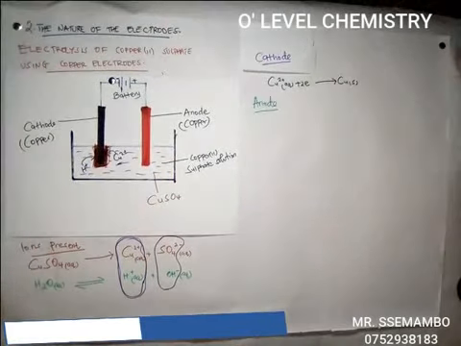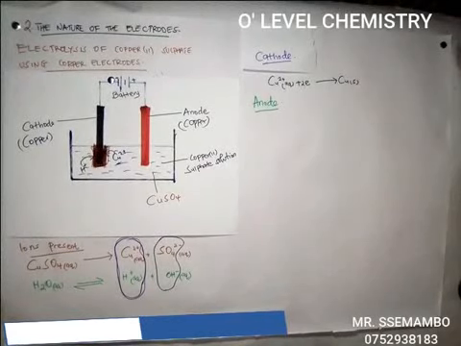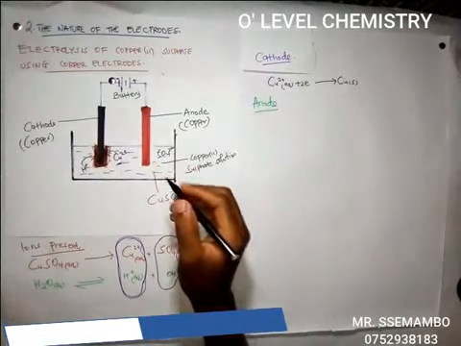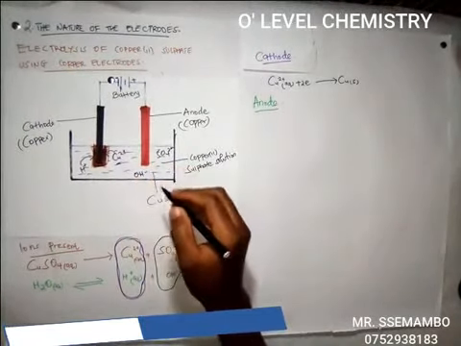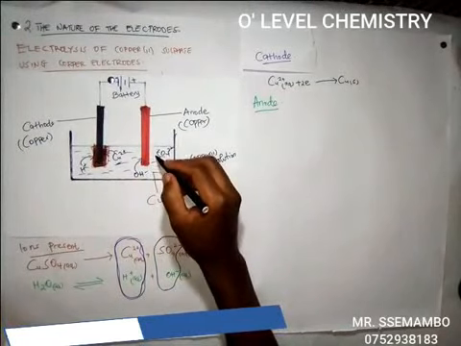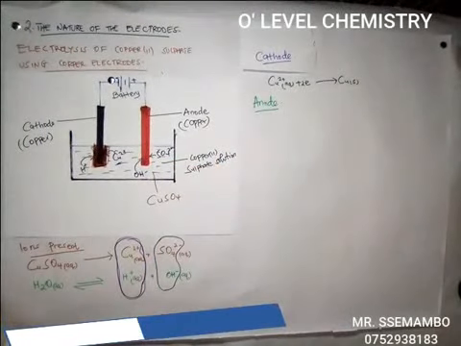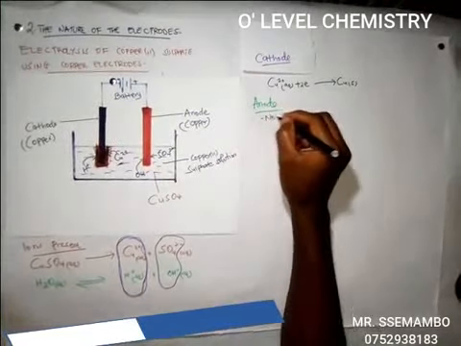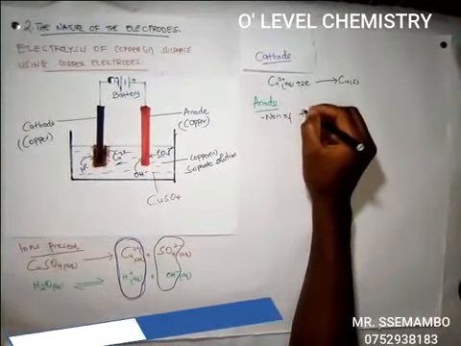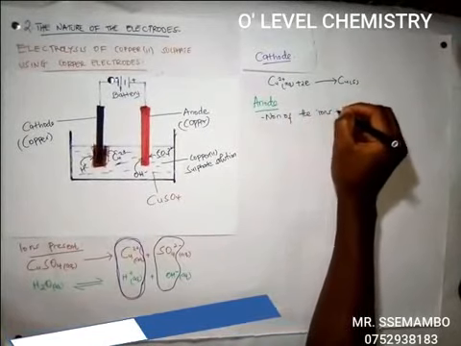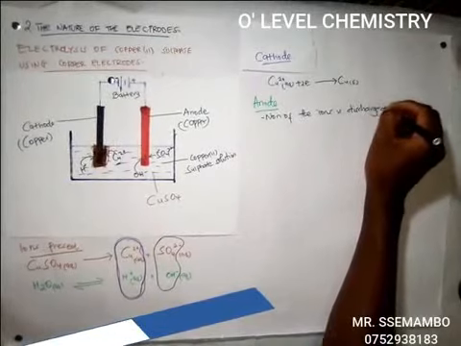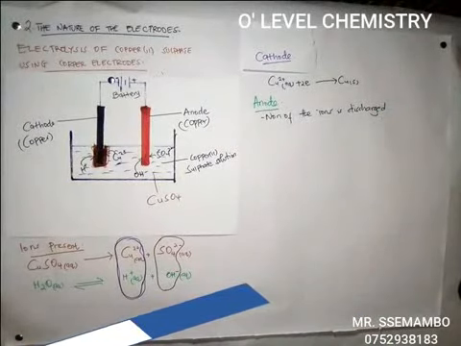Then secondly, at the anode, the positive terminal, we have again two ions. We have the sulfate ions in solution, then we have the hydroxyl ions. So both hydroxyl ions and sulfate ions migrate to the anode, but none of the ions is discharged.